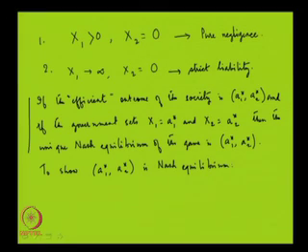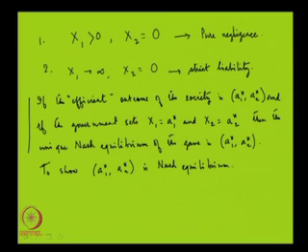Now, how to show that this is a Nash equilibrium? The method is as we have been doing before: given A2 star we are going to prove that A1 star is the best action for player 1, and given A1 star, A2 star is the best action for player 2. If that is shown, then we know that A1 star and A2 star is a Nash equilibrium.